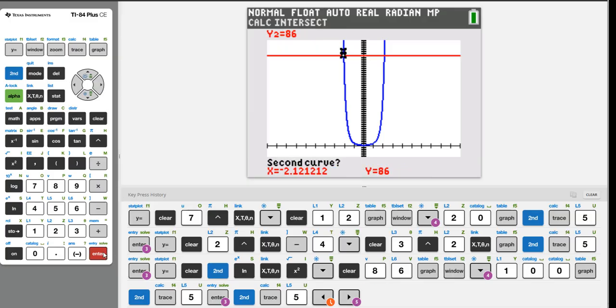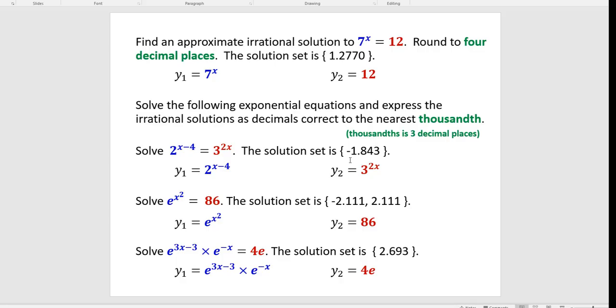Press enter 3 times. Notice the intersection at x equal to negative 2.110532 at the bottom of the screen. The problem again asks for an answer with 3 decimal places. Rounding to 3 decimal places, our second answer is negative 2.111.